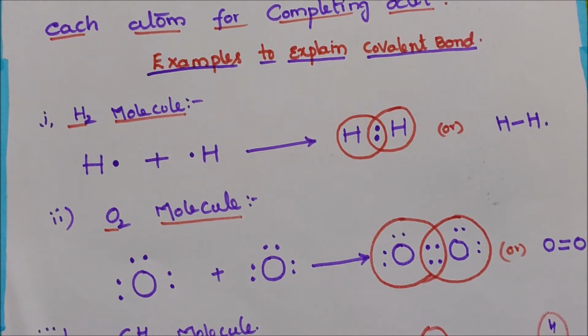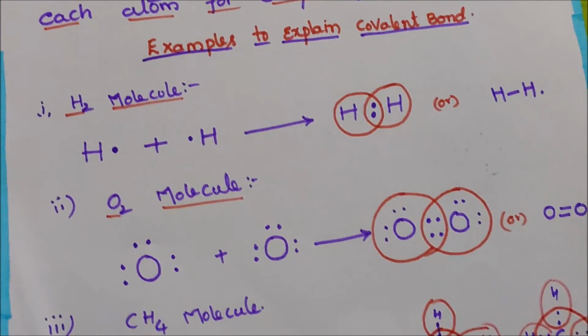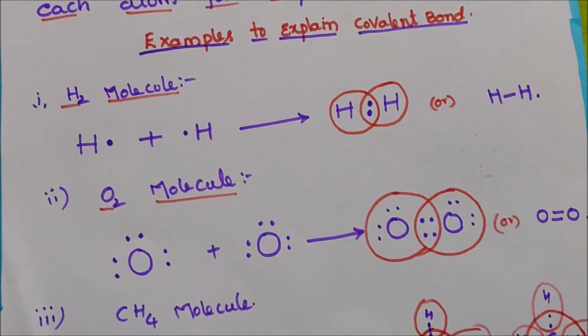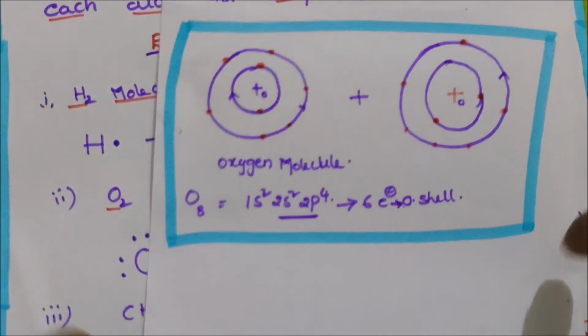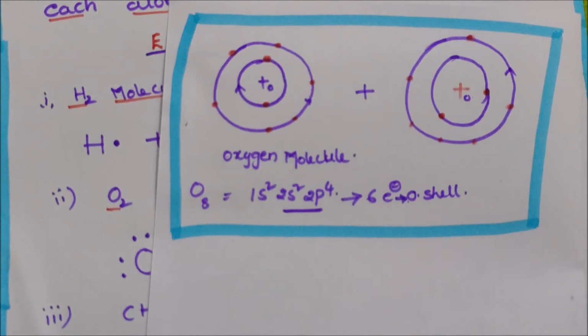And another example, oxygen molecule. Two oxygen atoms combine to form an oxygen molecule. Each oxygen carries 6 electrons, like this. These are the oxygen molecule diagrams for electron representation.